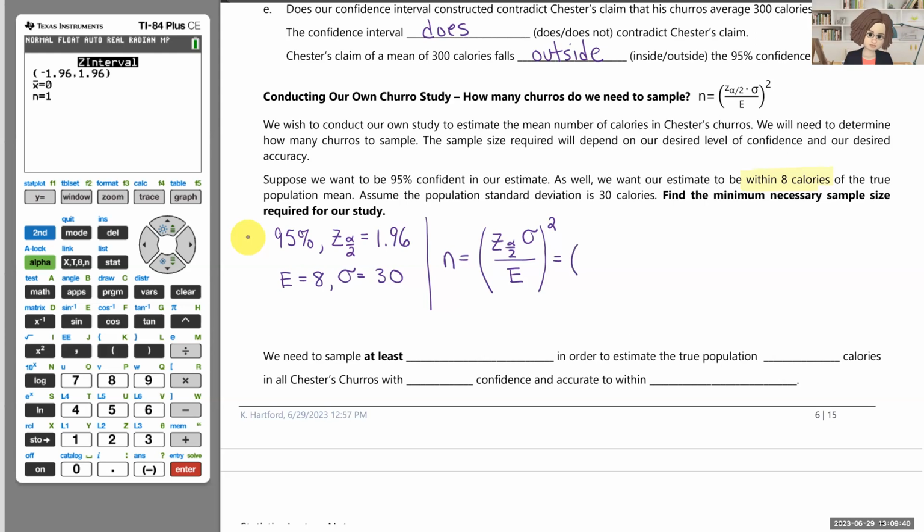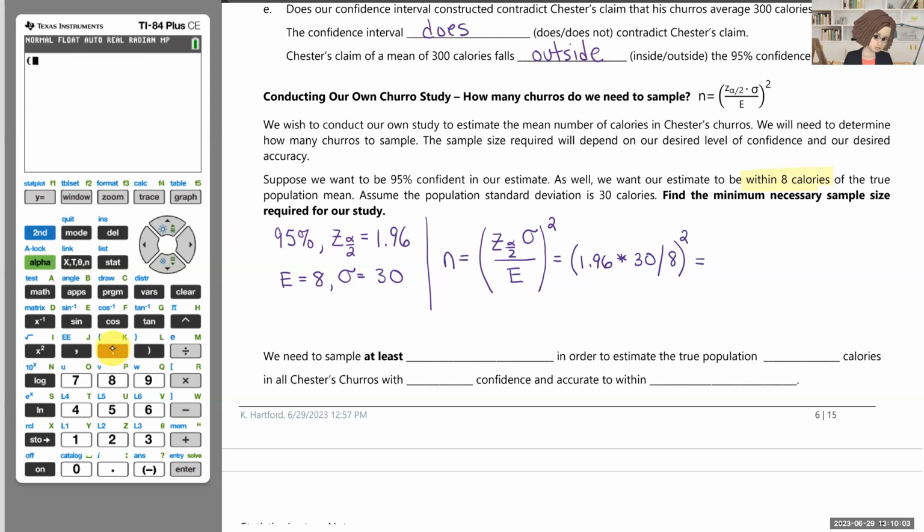So I'm going to write it horizontally here to show you how I enter it on the calculator. I'm going to open a parenthesis. I'll put in my Z alpha over 2 value. I'll multiply that by sigma, which is 30. Divide that by margin of error, which is 8. Close parentheses, and then square that entire quantity.